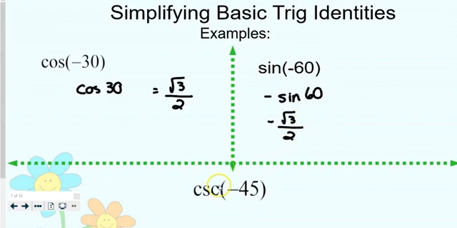And the cosecant of negative 45, cosecant being the reciprocal of sine, same properties as sine up here. This would be equivalent to negative cosecant of 45, which is the same as negative cosecant of pi over 4, which gives us negative square root of 2.